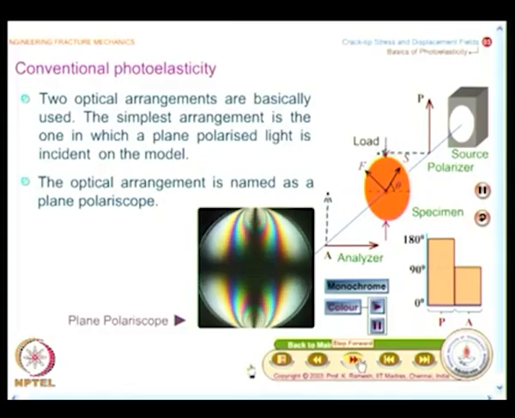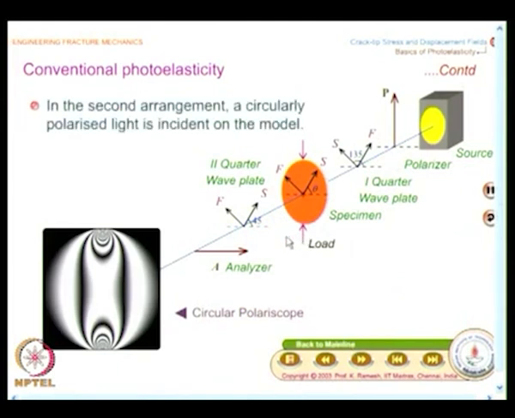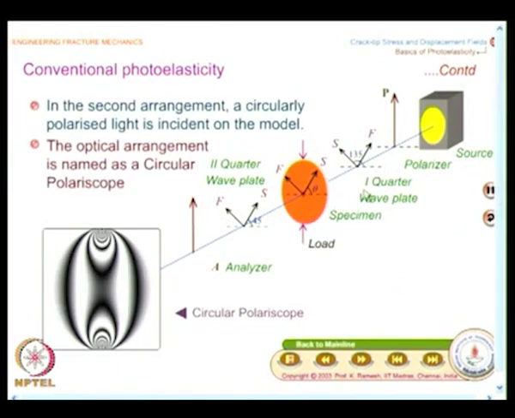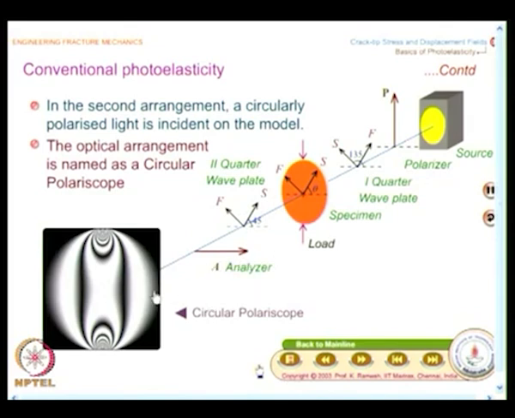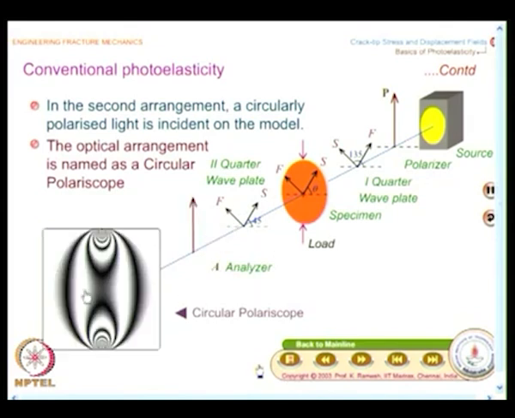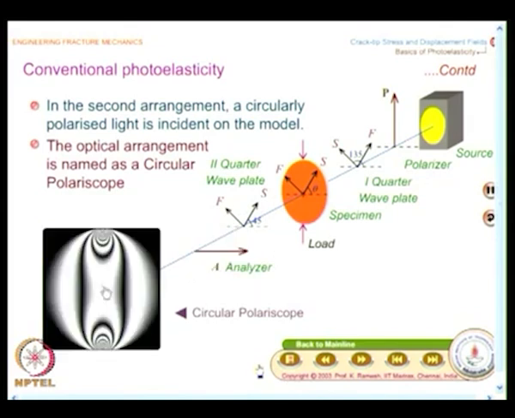And there is also another optical arrangement where you have two more additional optical elements which help you remove the isoclinics, and you will see only isochromatics. This is the kind of optical arrangement that we have used in fracture mechanics to get the relevant fringe pattern.